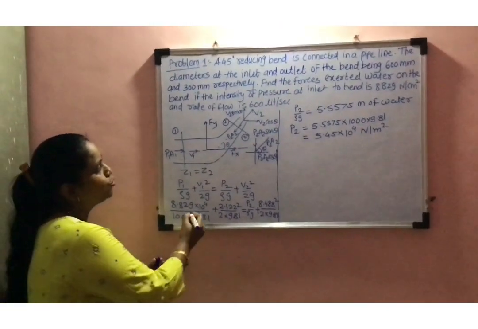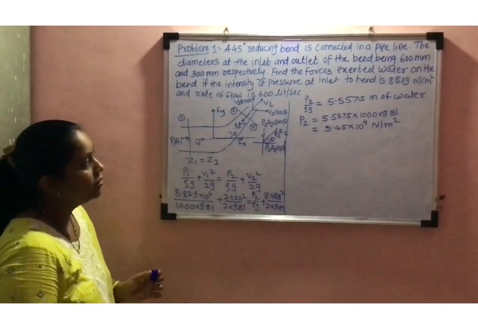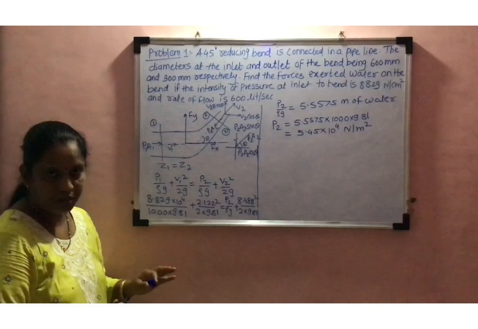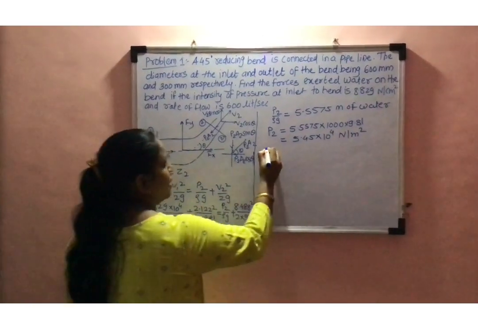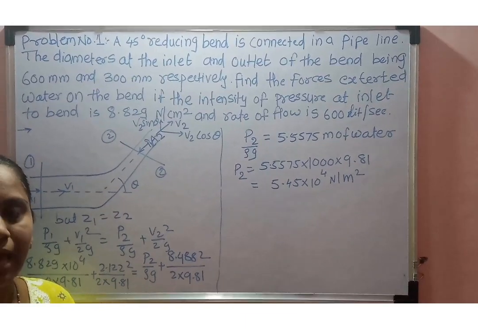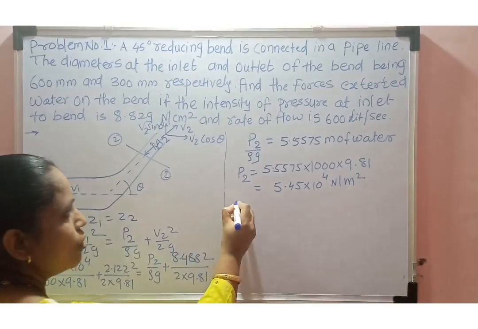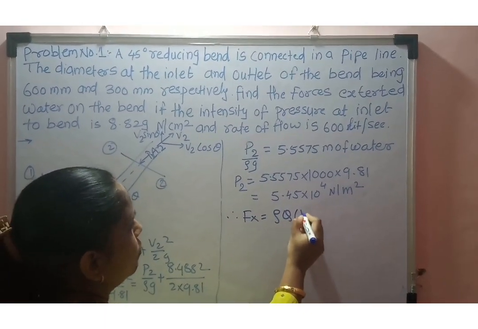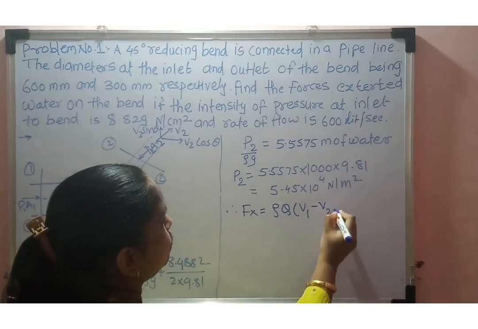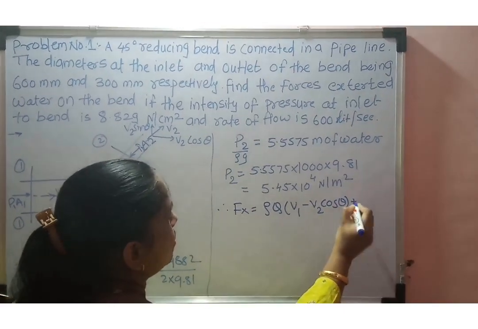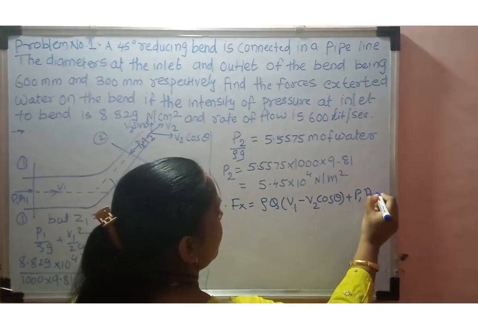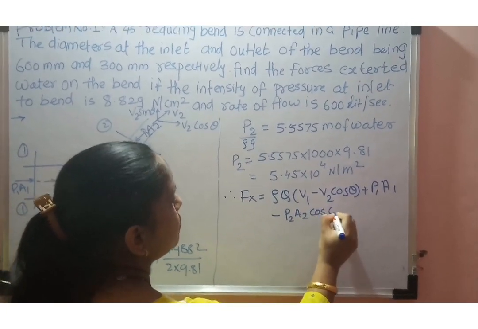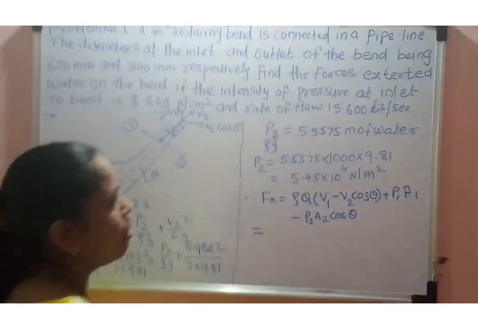Now as per the force exerted by the water on the bend along the x direction, Fx is equal to rho Q (V1 minus V2 cos theta) plus P1 A1 minus P2 A2 cos theta. So now put the values.